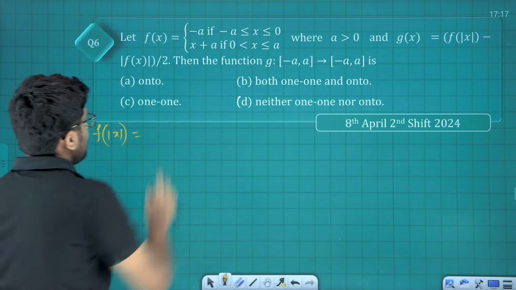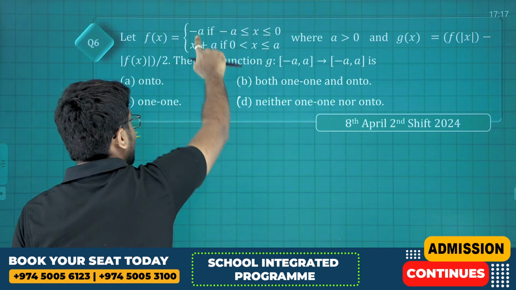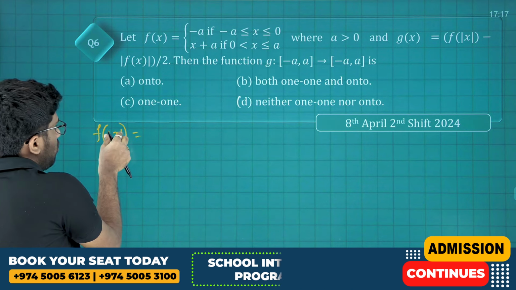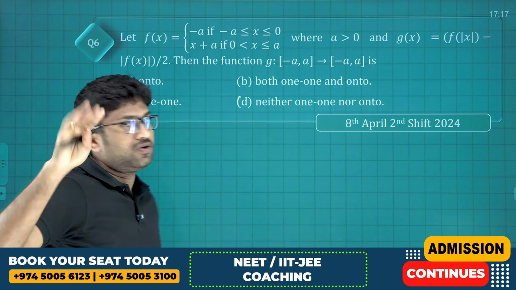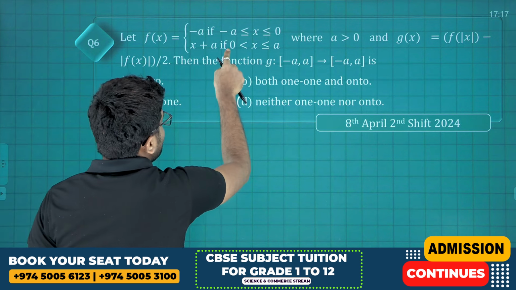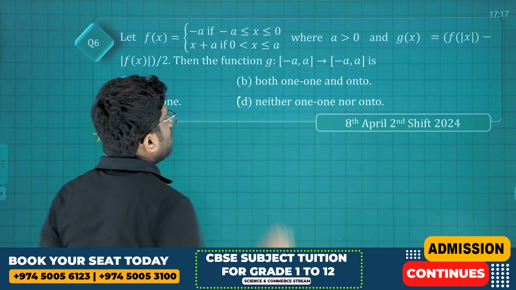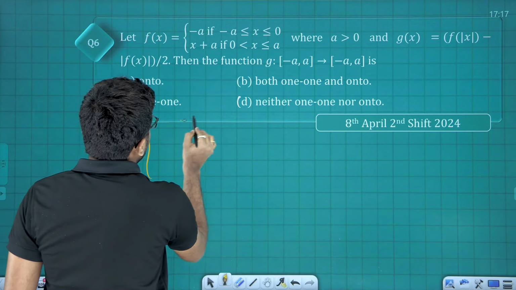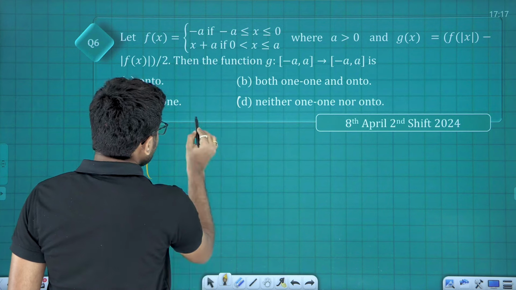f of mod x. f of x is minus a if x is less than 0. Now mod x, can mod x be less than 0? Never. So it is only f of x equal to x plus a if 0 less than mod x less than or equal to a. Mod x less than or equal to a, we'll write two cases.